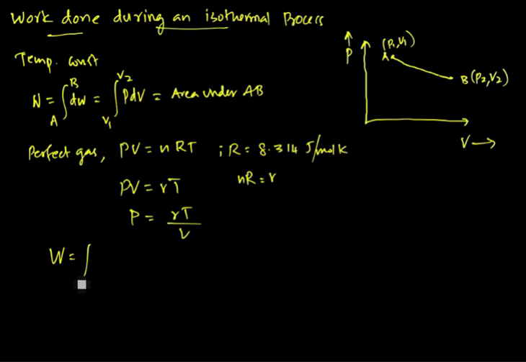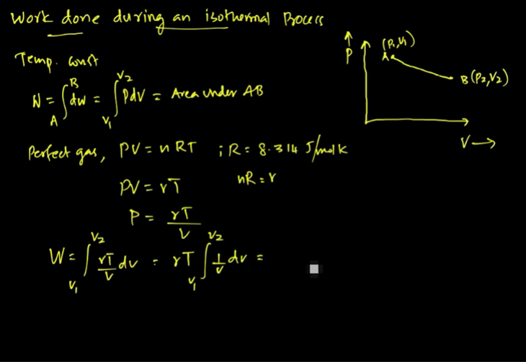So W is equal to integral V1 to V2 P dV, which is equal to, instead of P, we can use rT by V into dV. r is a constant, so we can take it outside. The process is isothermal, so the temperature is also constant, and we can take it outside. What remains is integral V1 to V2 1 by V dV.